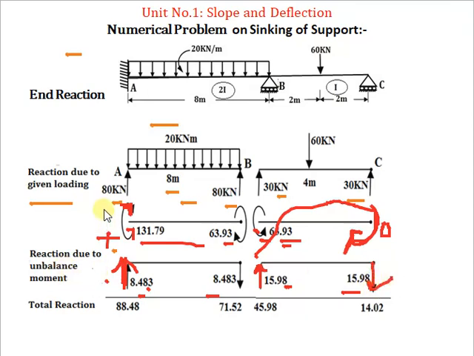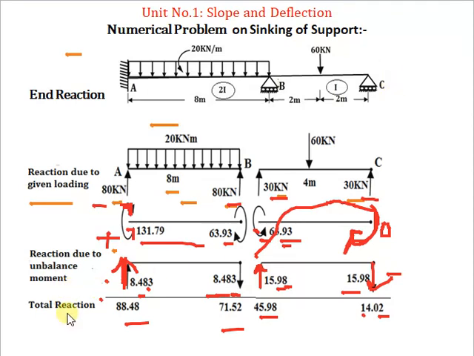Now the next step is to do the addition of reactions. First one is 80 kilonewton upward plus the next reaction, plus 8.483, so finally we have 88.48. Now next is 80 kilonewton up minus this 8.483, so we have plus 71.52. Then plus 30 kilonewton upward plus 15.98 becomes 45.98 kilonewton, plus 30 kilonewton minus 15.98, so it becomes plus 14.02 kilonewton.